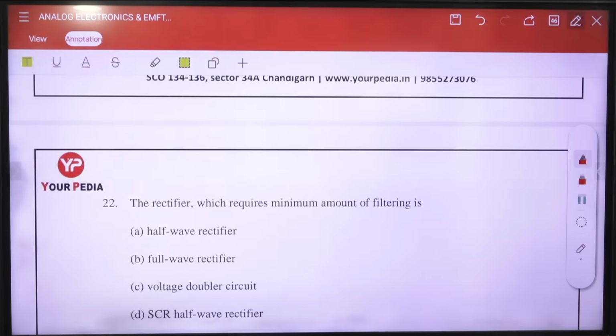The rectifier which requires the minimum amount of filtering. Which rectifier requires the minimum amount of filtering? Okay, didn't understand. Don't worry, do it, I will explain that again.